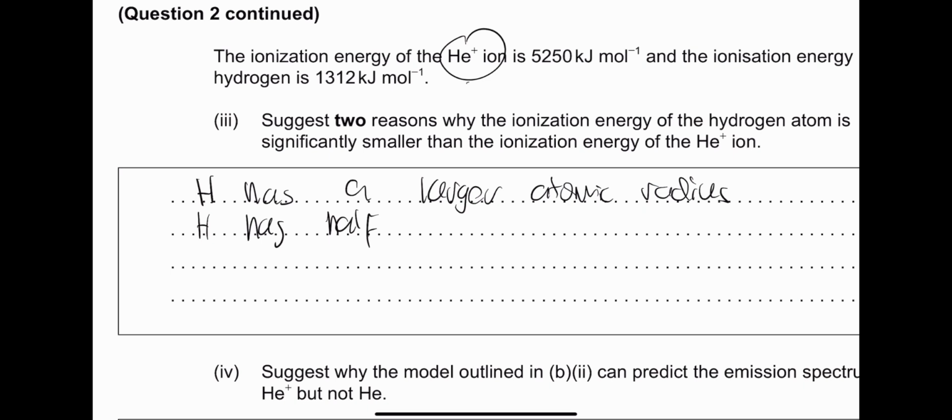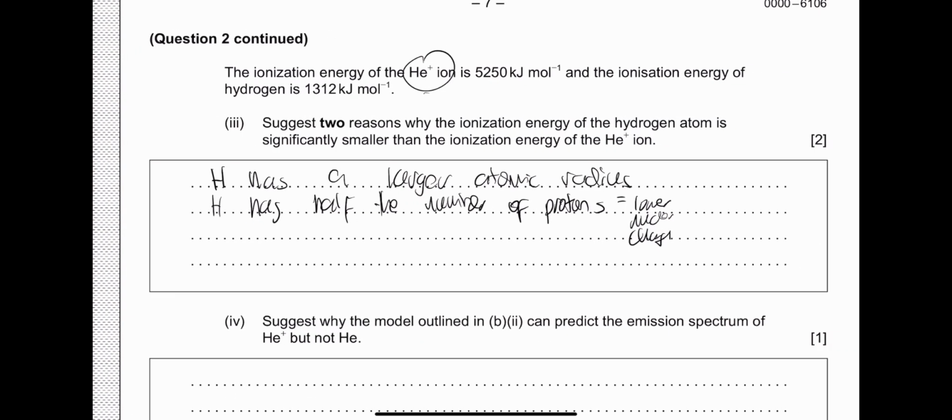Helium has 2, hydrogen has 1, so half the number of protons, right? So that equals lower nuclear charge. So lower nuclear charge, lower electrostatic attraction to the nucleus. That means that we're going to have a lower ionization energy.